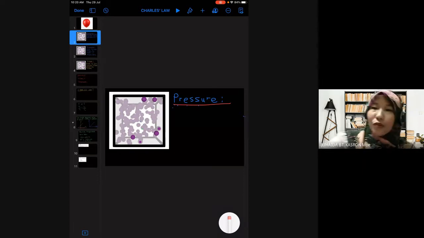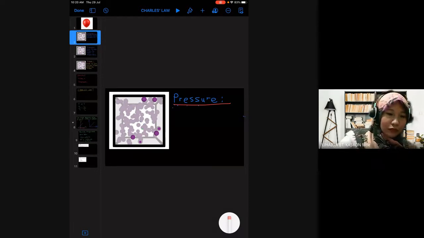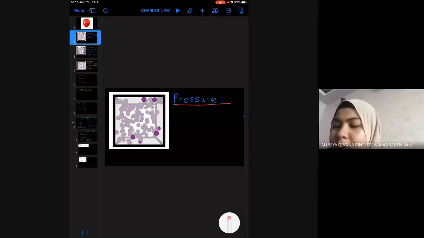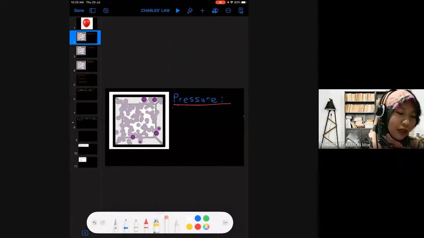Okay, I want to ask Alisha. Just now we discussed the pressure of the gas. Can you explain it? I wrote it here. The pressure will increase when the collision between the particles and the walls is faster. So the greater the speed of the particles hitting the wall, the greater the pressure.